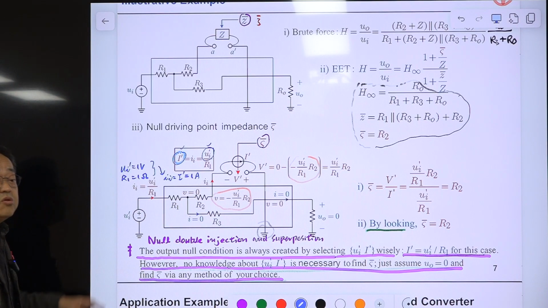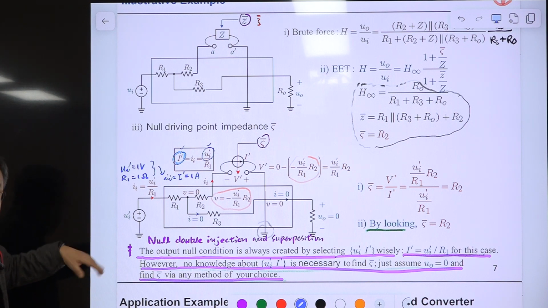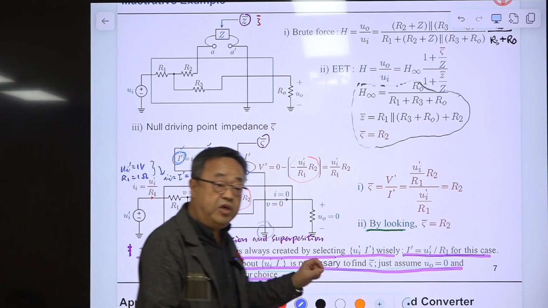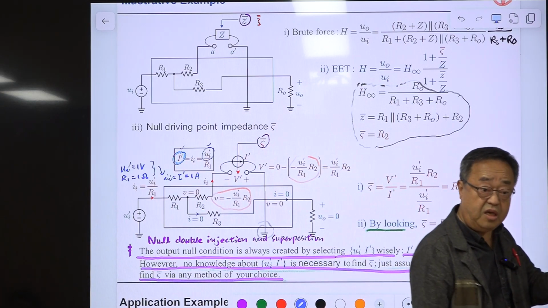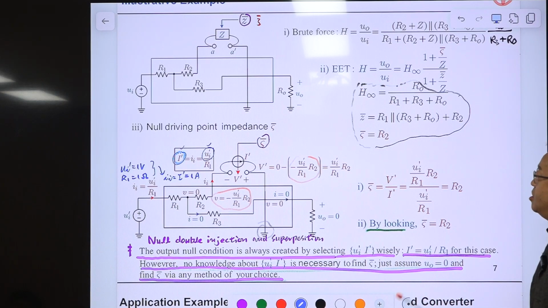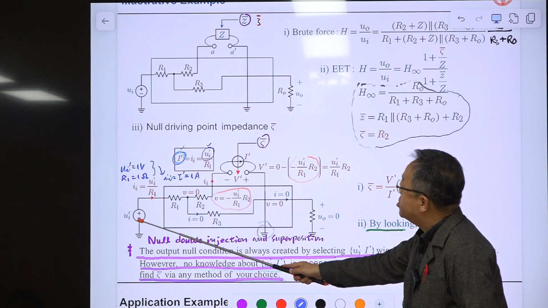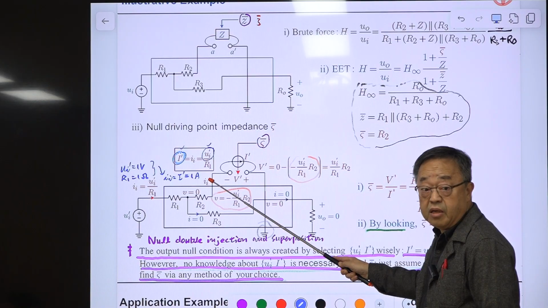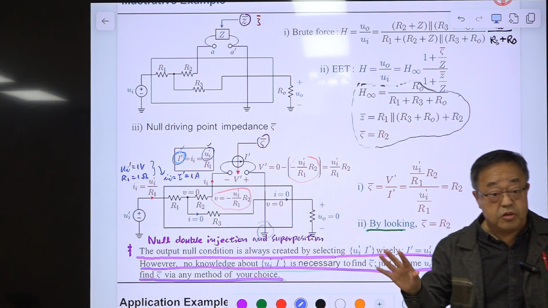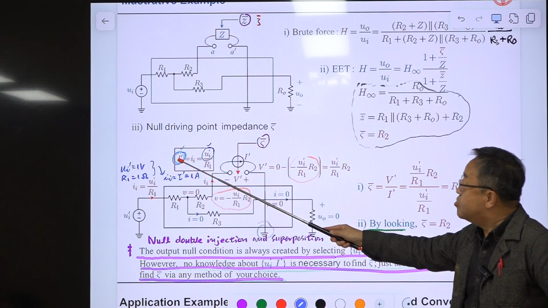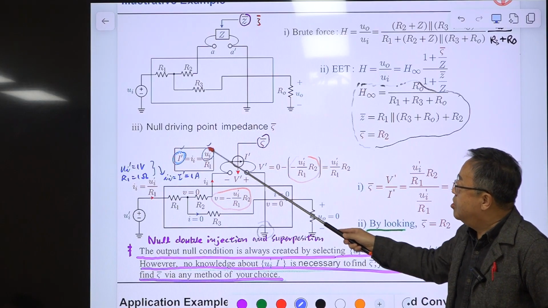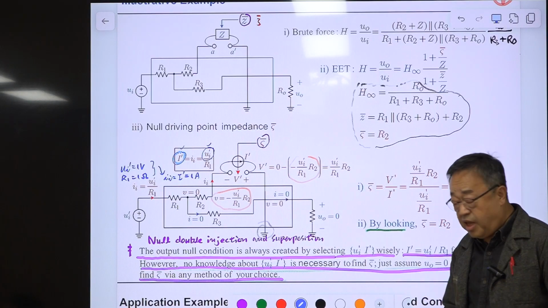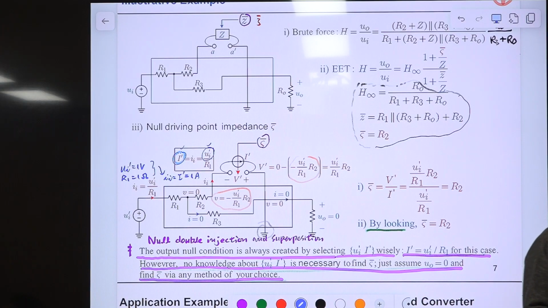This is the only possible solution to create this output null condition, and this condition always exists if you select the ratio of this one to become this one. So there are infinitely many solutions. 1 is a solution, 2 is a solution. If some pair satisfies this relationship, then that creates the output null condition.